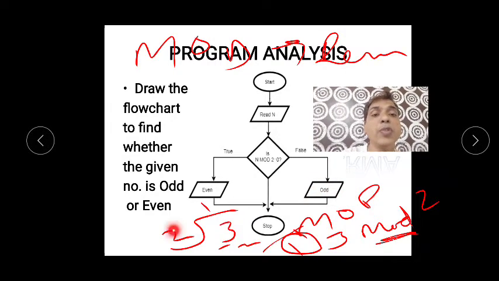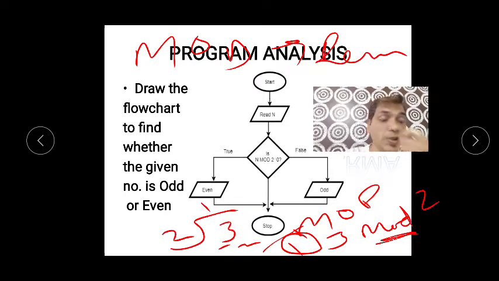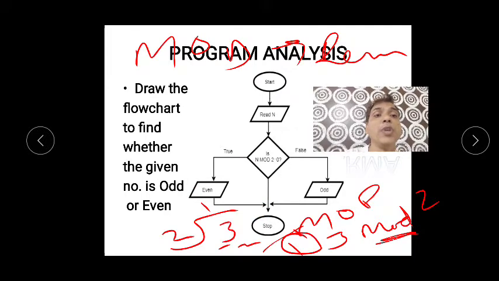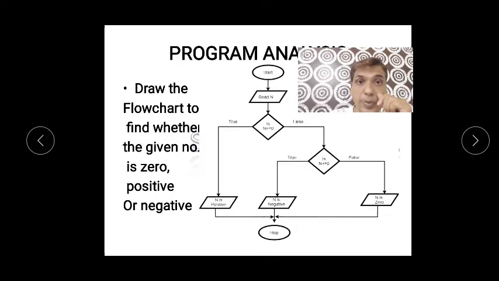If I had taken 4 here, then 2 2s are 4, so the remainder would have been 0, so the number is even. Suppose n is 7, then if you divide it by 2, the remainder will be 1, so this will be false, your output will be odd, and it will stop here. I hope that is very simple.